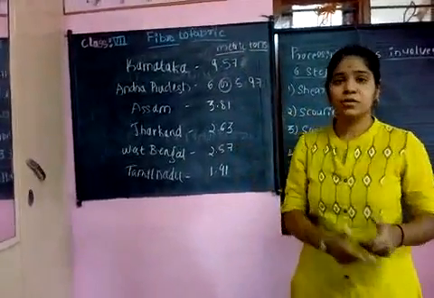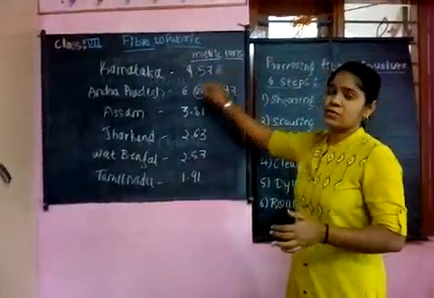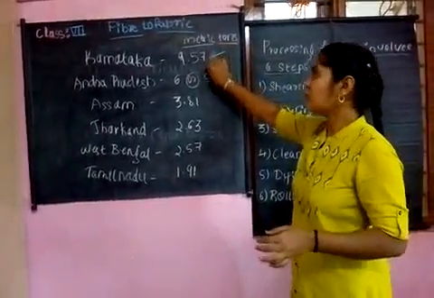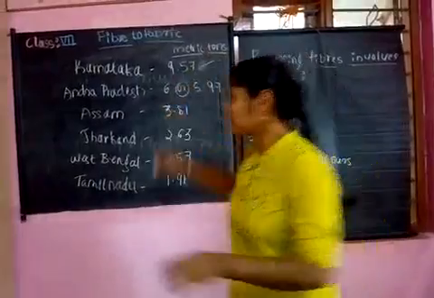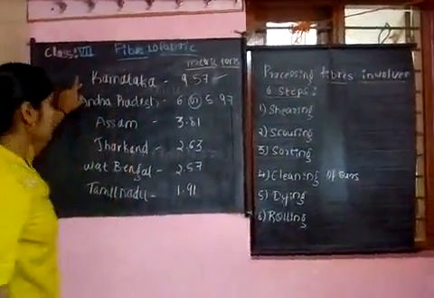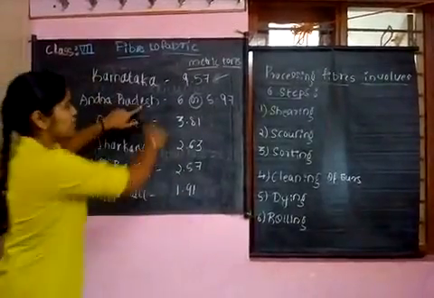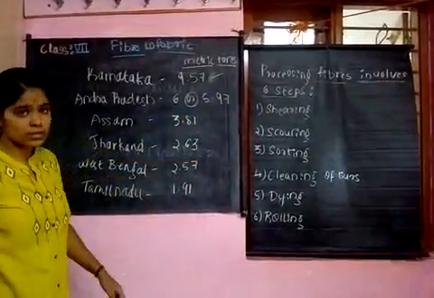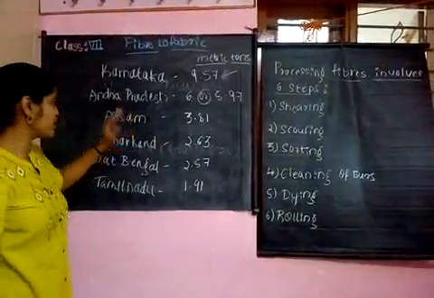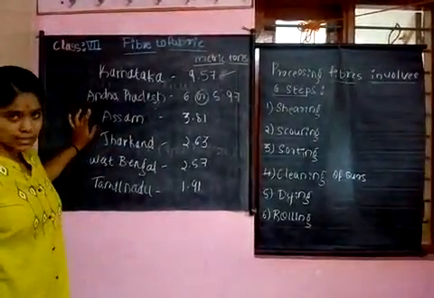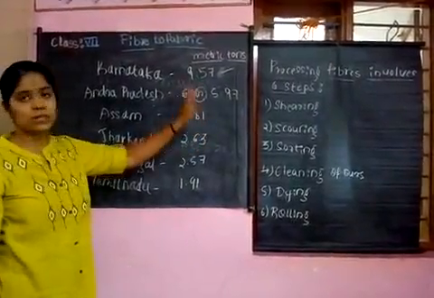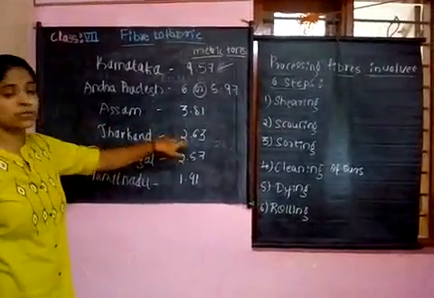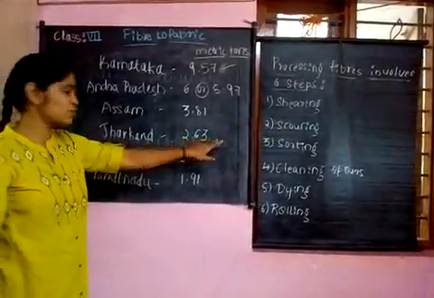Not that, it produces 9,570 metric tons of silk in Karnataka. Karnataka is first, followed by Andhra Pradesh, which produces 5.97 metric tons of silk, then Assam with 3.81 metric tons, and next Jharkhand, which produces 2.63 metric tons.